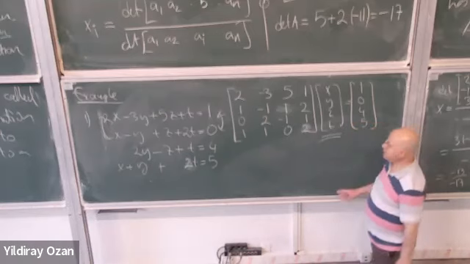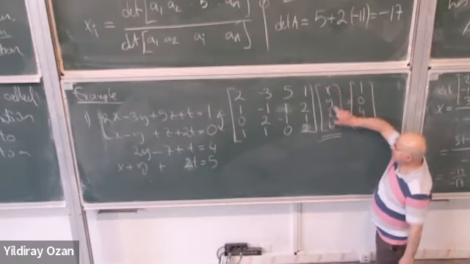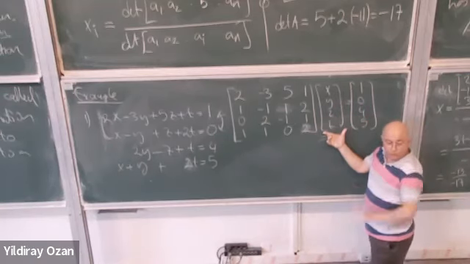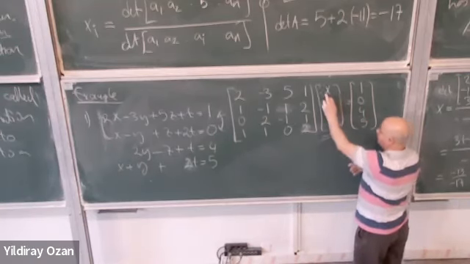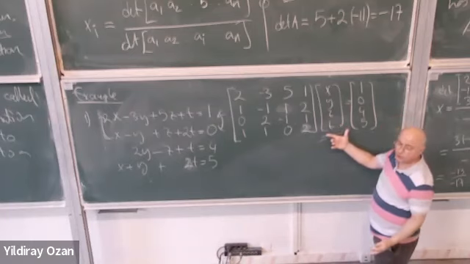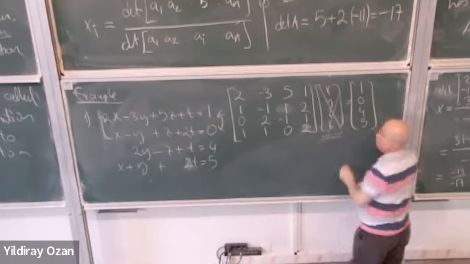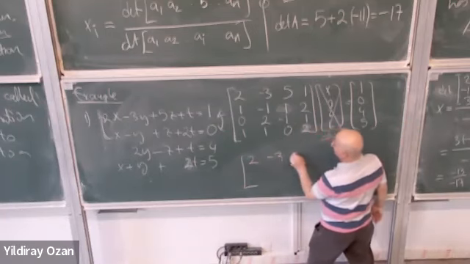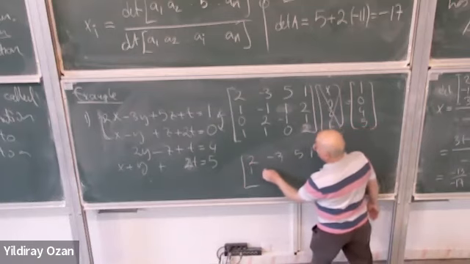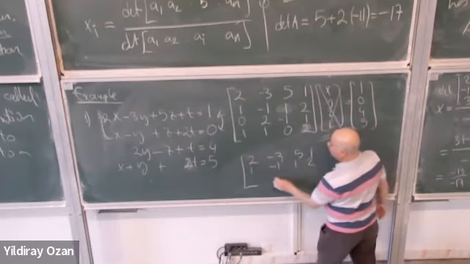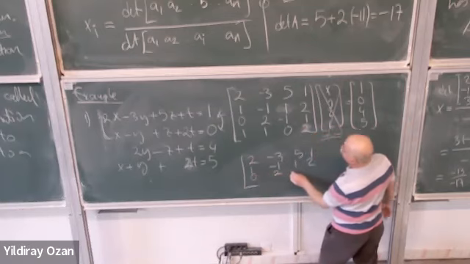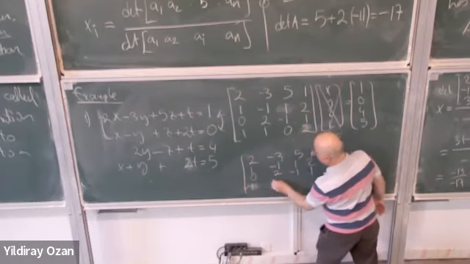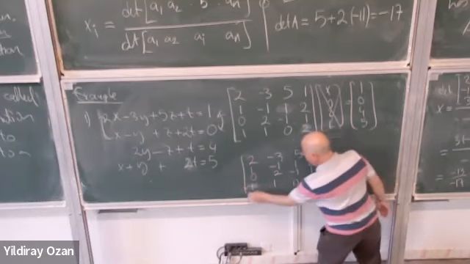Yes, we will do it on rows. But you see, since this column with the unknowns doesn't change at all, I don't need to keep writing this. Instead, I can write this: 2, -3, 5, 1; 1, -1, 1, 2; 0, 2, -1, 1; 1, 1, 0, 2.